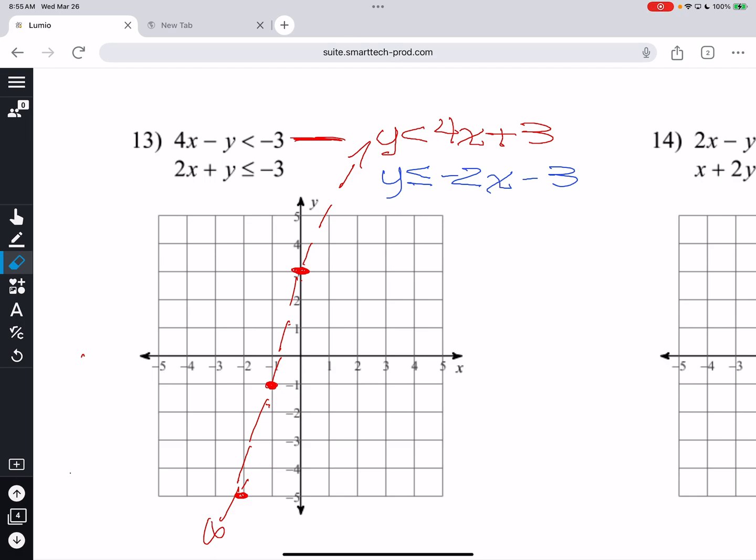Everybody agrees? I do not. The first one you need to switch the sign. Why? Because you divided by a negative. Good, Will Skinner.